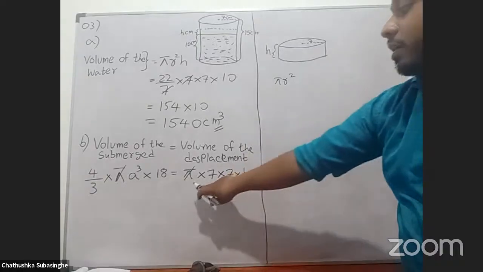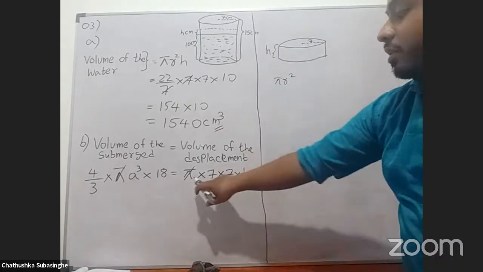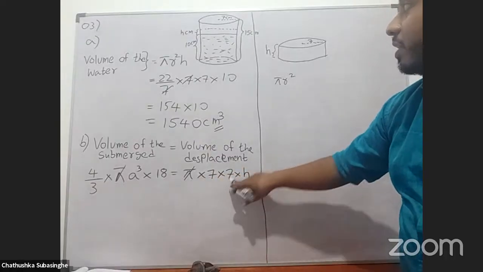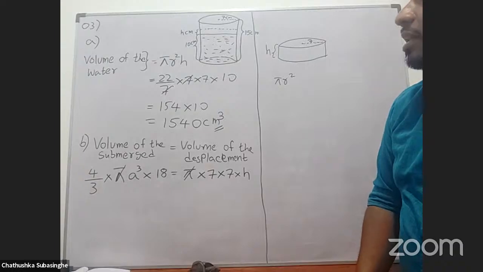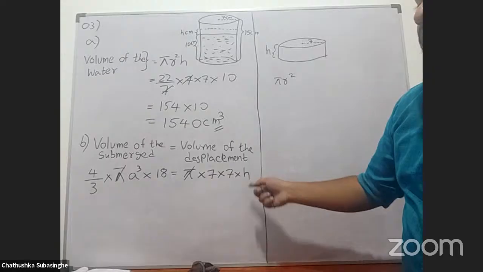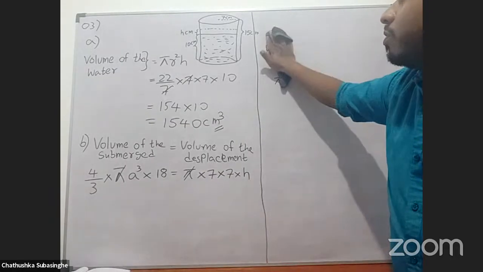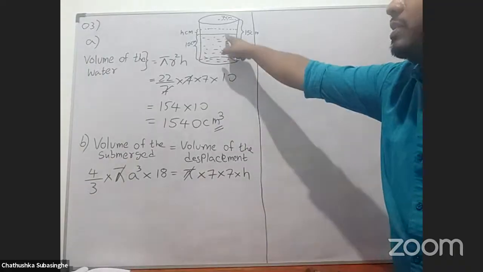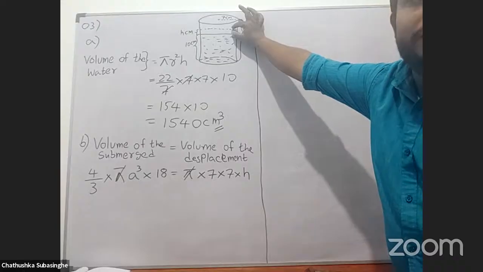So pi r squared means radius into radius. Radius is 7, so pi into 7 into 7. h is the height which the water level comes up. They have given in the question it is h. I hope you understand it now. So we can't use this whole thing. We have to use only this part.